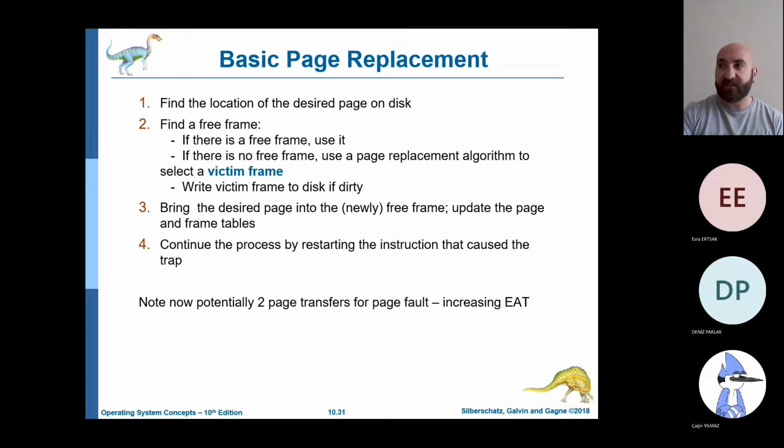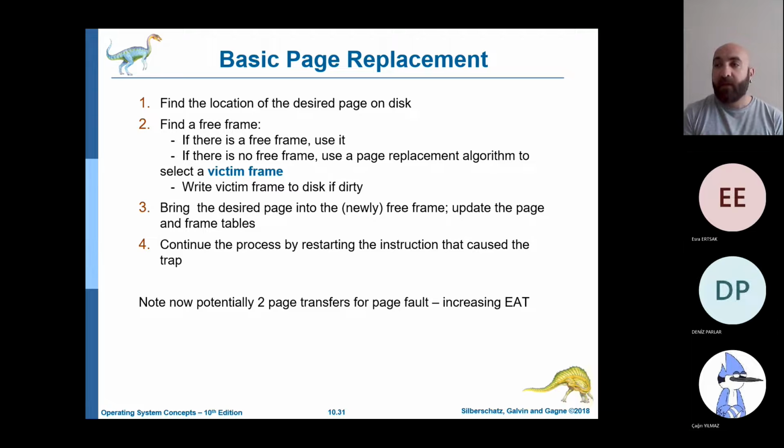And here are the basics of page replacement. We can modify the page fault service routine to include page replacement. Already we discussed the steps of the page fault service routine. In this case, we are going to include page replacement in that routine. On the first step, find the location of the desired page on the secondary storage. On the second step, find a free frame. If there is a free frame, use it.